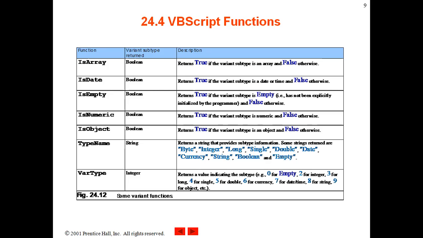Whereas VarType returns a value indicating the subtype: 0 for empty, 2 for integer, 3 for long, 4 for single, 5 for double. So it will be giving the values based on the types they have been used, but their integer types will be returned.